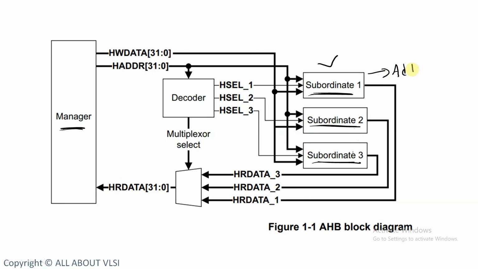Let's say this is address 1, this is address 2, and this is address 3. So for every subordinate, there will be an associated address related to that particular subordinate.